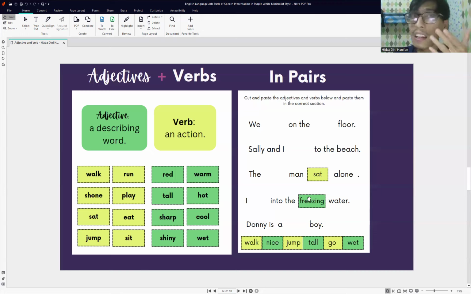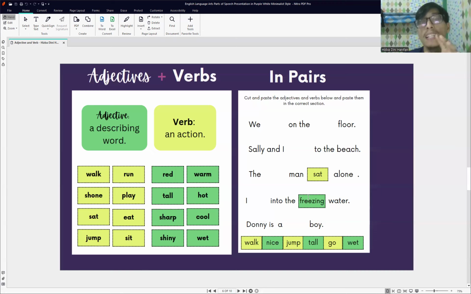Is that clear for you guys? This extended information is a crucial information. So you got the definition and then the extended information that plays an important role in identifying an adjective. What about verbs? Take a good look.